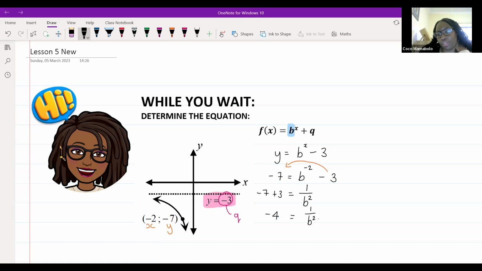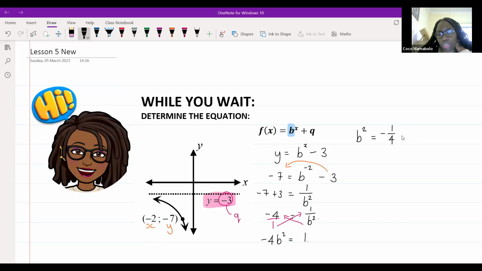Right, now to solve for this, I can cross multiply on both sides by b, or find an LCD of b, or cross multiply. So I'm going to make this a fraction over 1, cross multiply that way, cross multiply that way. So I'm then going to get -4 b squared is equal to 1, right? And then I'm going to divide by -4 on both sides. So I should get that b squared is equal to -1 over 4, or 1 over -4.